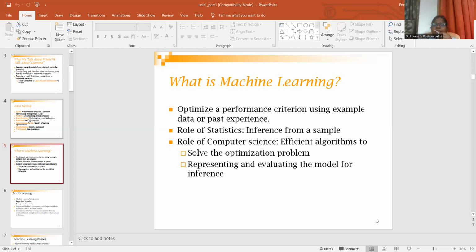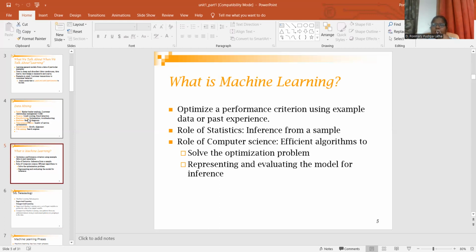Once you have created the model, you say this is what happened. For example, if you predict that in July we'll get rain, you have to evaluate whether it really happens or not.